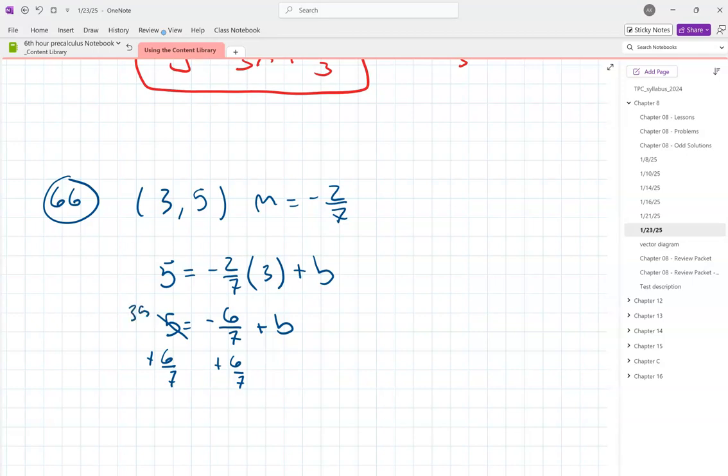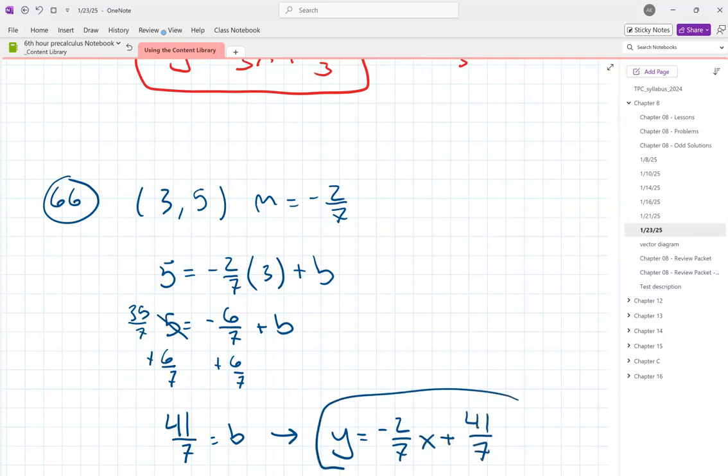That common denominator would be 7, so 5 turns into 35 over 7. So my b is 41 over 7. So y equals negative 2/7 x plus 41 over 7. That feel good? Good.